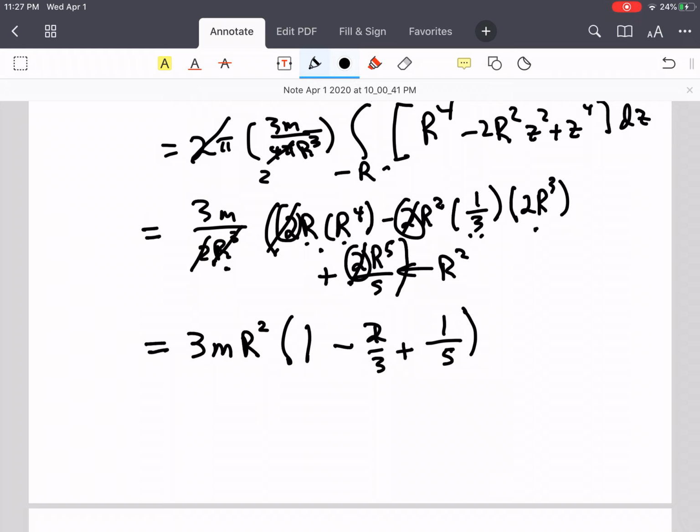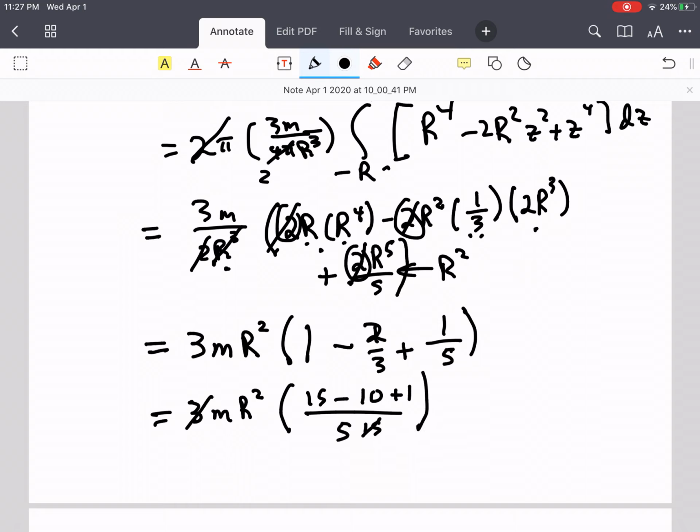Indeed, as I just prefaced, the common denominator here is 15. So that's 3mR squared times 15 minus 10 plus 1 over 15. Or if I go ahead and cancel out that 3, the denominator becomes 5. Or 1/5 mR squared times 15 minus 10 plus 1 is 6. 6/5 mR squared is incorrect.